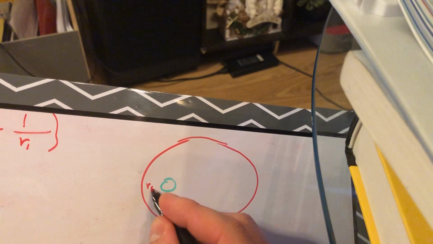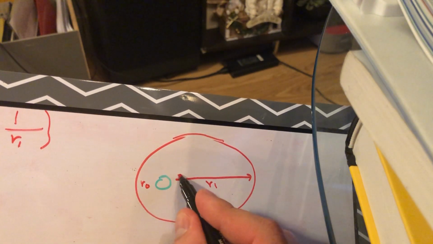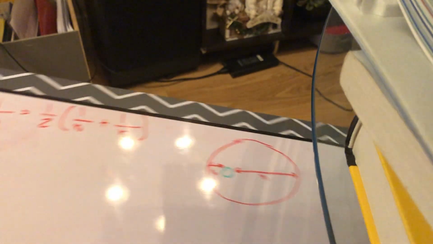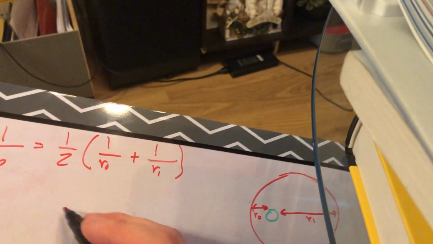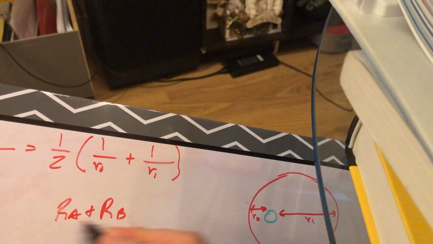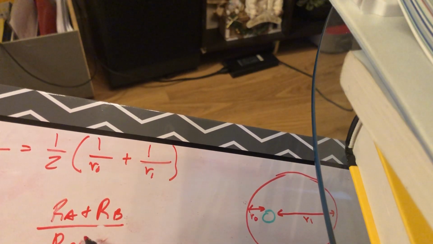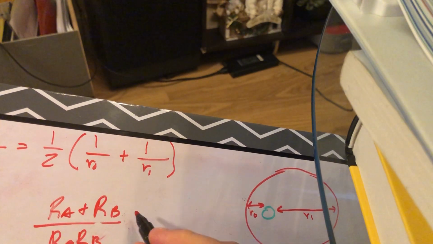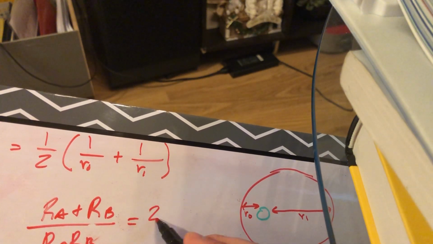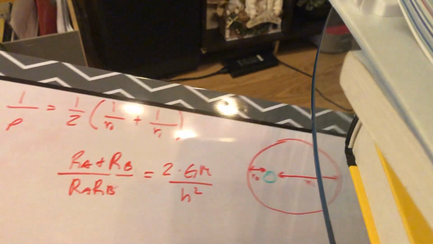Now here we have r, theta, and we have mass 1. And we know that the relationship for that is RA plus RB over RA times RB is equal to 2 times the gravitational constant times the angular momentum.